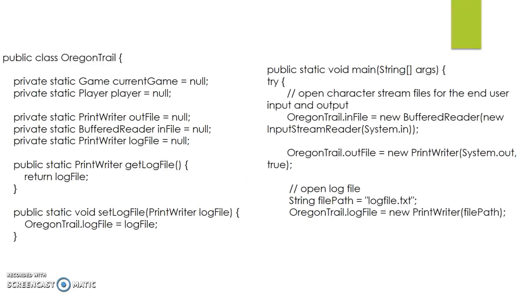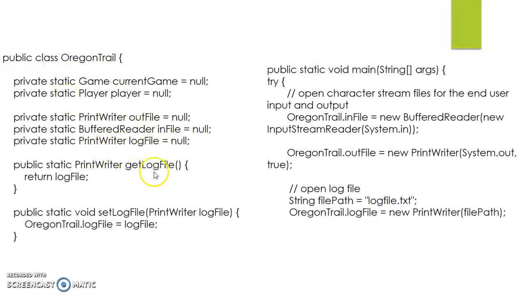So let's go to the main Oregon Trail class here, and we're going to create an out file, an in file, and a log file. What we're trying to accomplish here is to write errors into the log file.